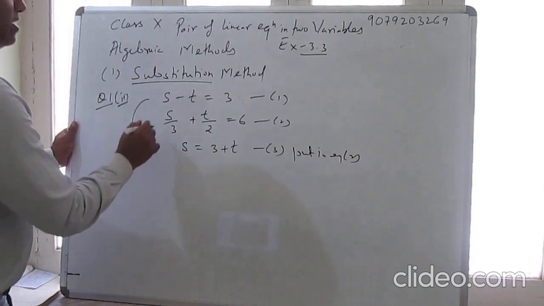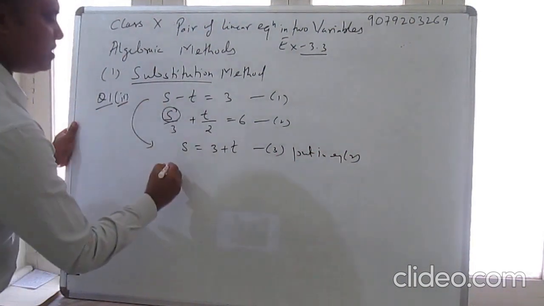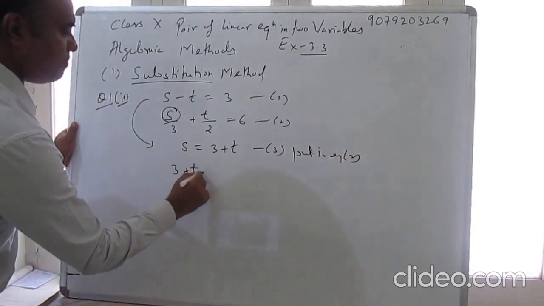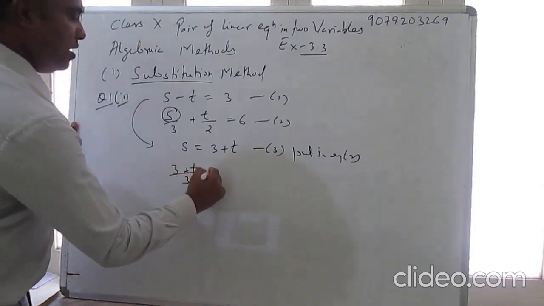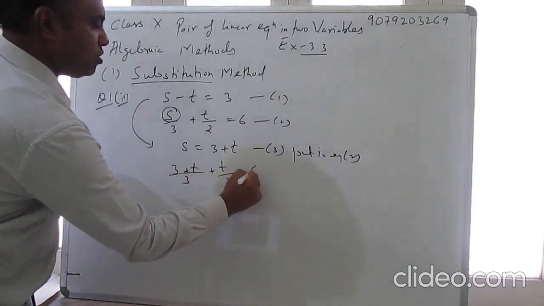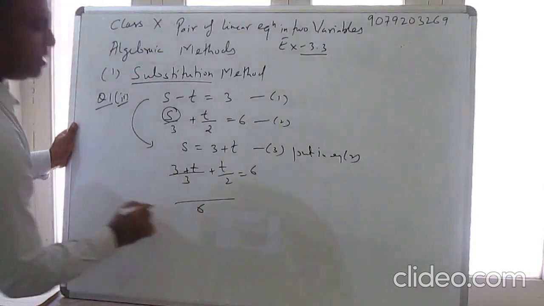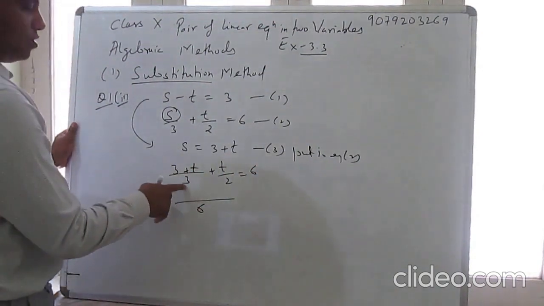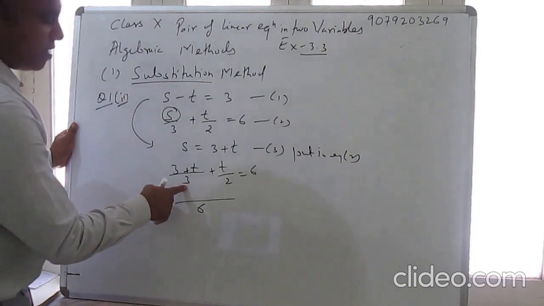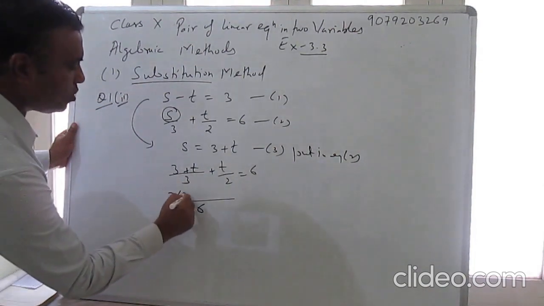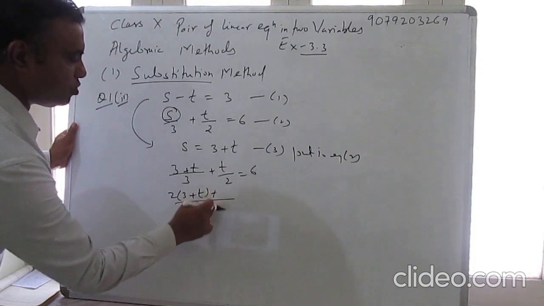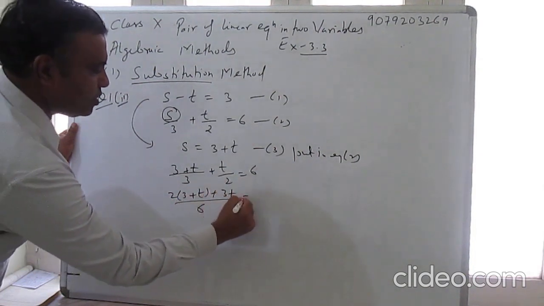Here we change the value of s: (3 plus t) by 3 plus t by 2 is equal to 6. Now take 6 LCM. 6 divided by 3 is 2, and 6 divided by 2 is 3.